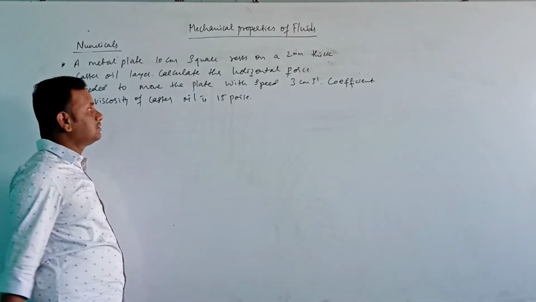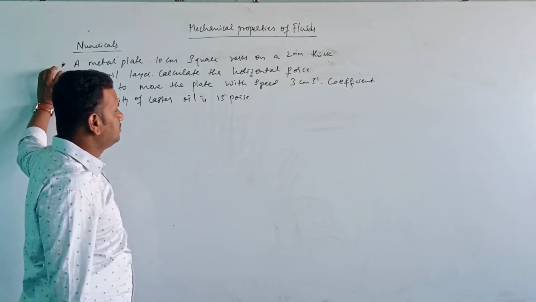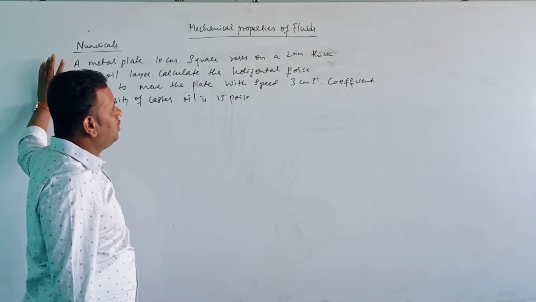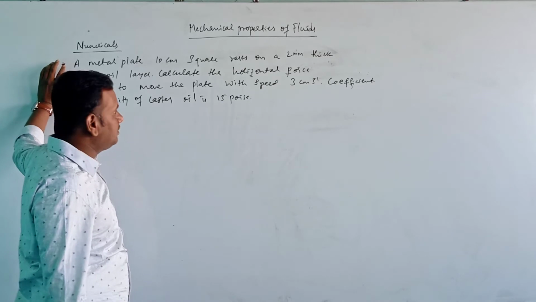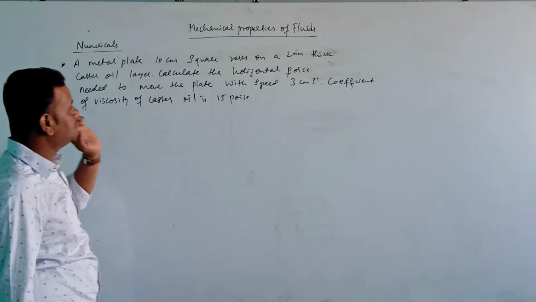The next question is that a metal plate 10 centimeters square rests on a 2 millimeter thick castor oil layer.